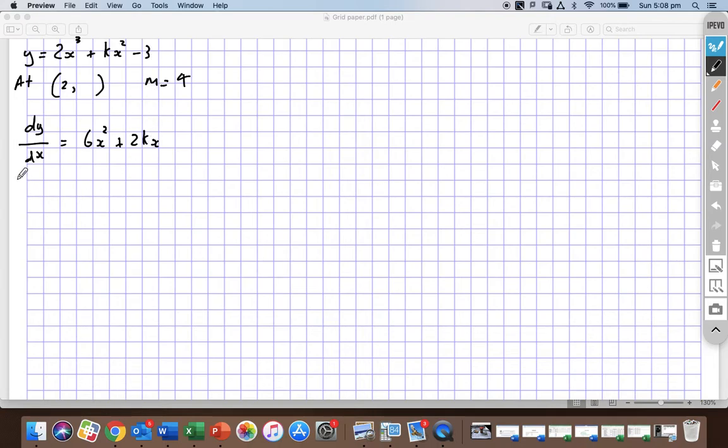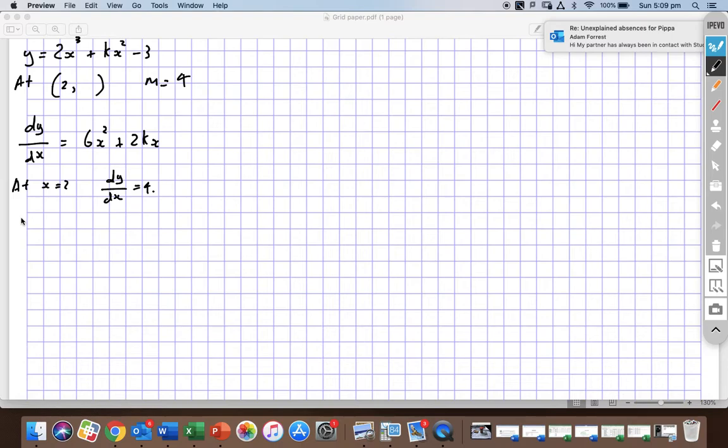We know that at x equals 2 on the curve, this function has to equal 4. So this equation, we could say at x equals 2, m equals 4, and I've already written that. So I might just say dy/dx equals 4.